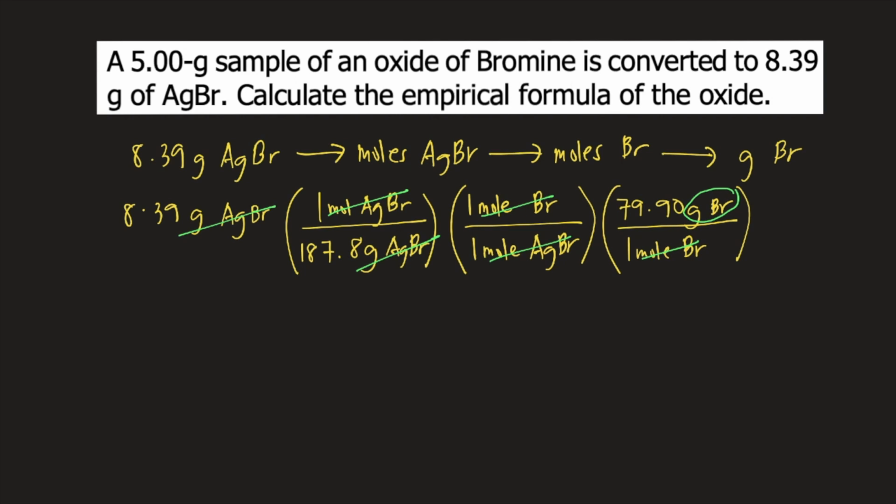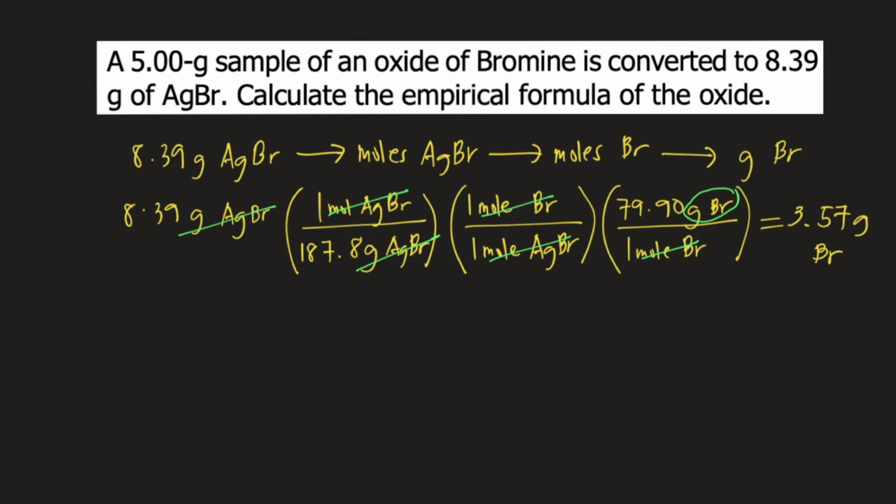And if we solve this entire thing, this is equal to 3.57 grams of bromine. So the 8.39 grams of AgBr contains 3.57 grams of bromine. Now the sample is an oxide of bromine.